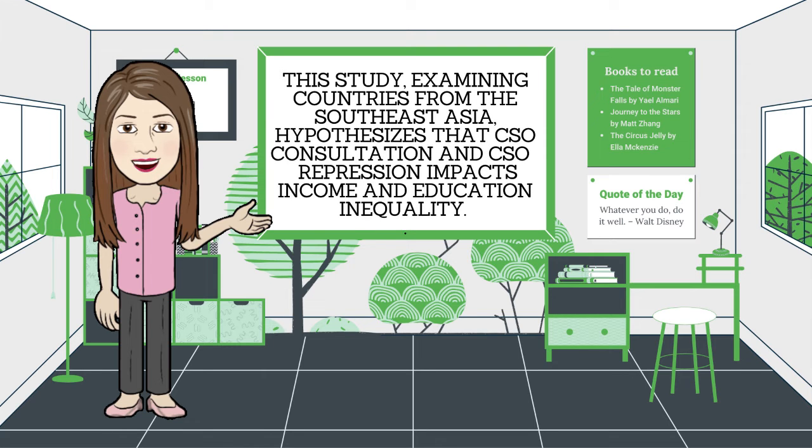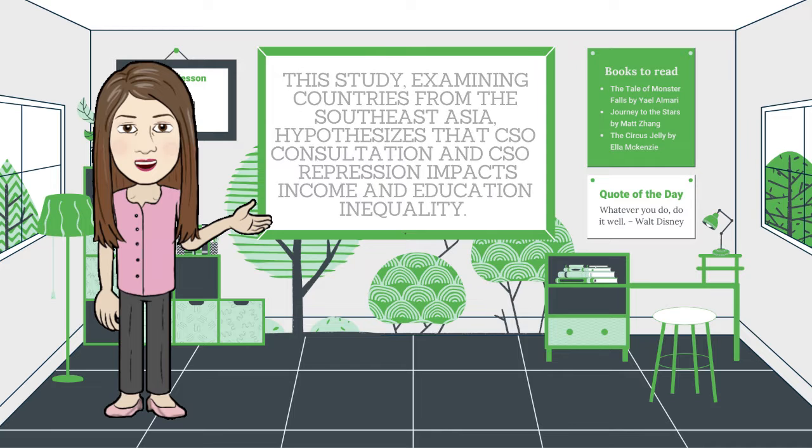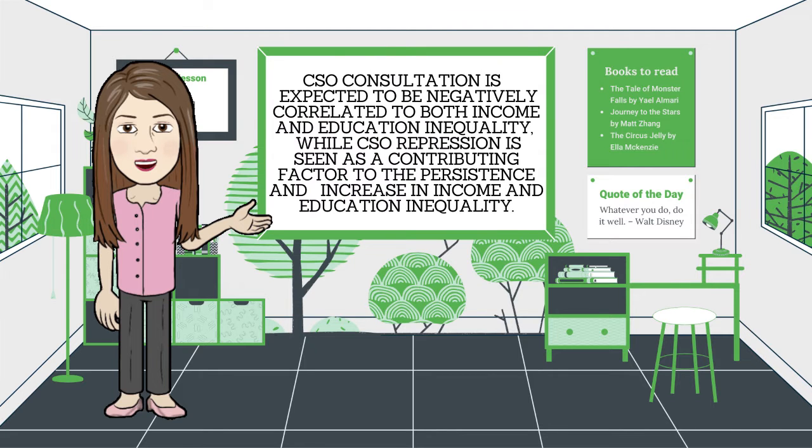This study, examining countries from the Southeast Asia, hypothesizes that CSO consultation and CSO repression impacts income and education inequality. CSO consultation is expected to be negatively correlated to both income and education inequality, while CSO repression is seen as a contributing factor to the persistence and increase in income and education inequality.